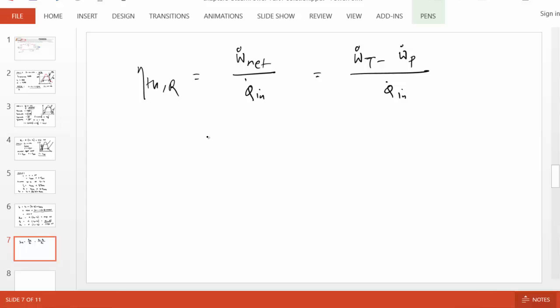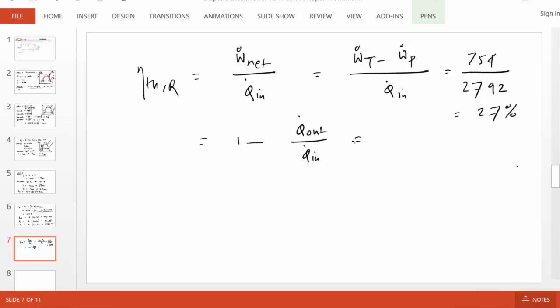We can do it this way, or we could do it Q dot out by Q dot in, whichever you find easier. So both will produce obviously the same. If we substitute the numbers, W dot t minus W dot p, W dot net is about 754, and our Q dot in is approximately 2792, and that gives an efficiency of 27%.